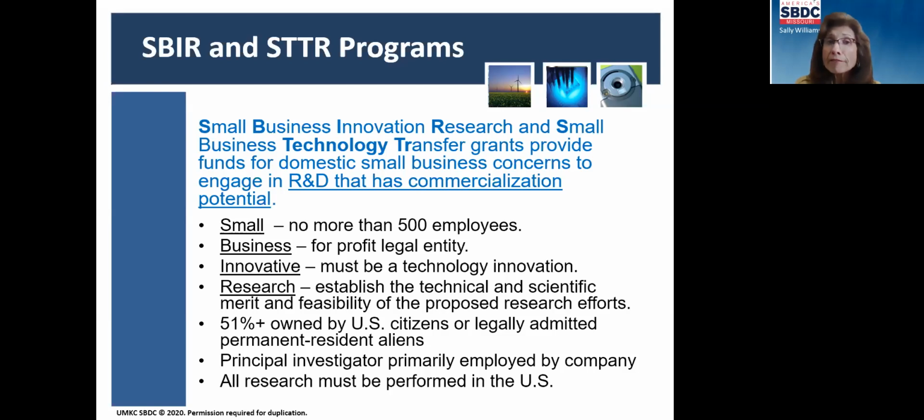There is no revenue limit. For example, I know of an organization here in Kansas City that has $1 billion in revenue, but they only have about 75 employees. So they are able to apply for an SBIR grant, okay? Because it's all about the number of employees.